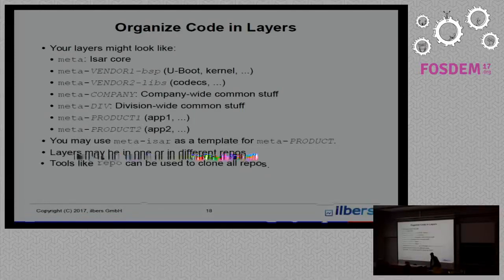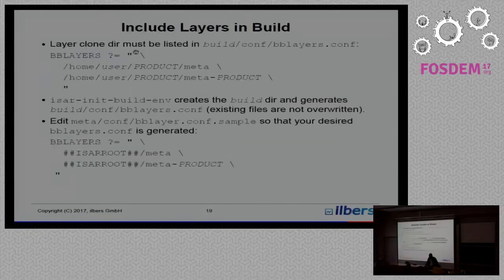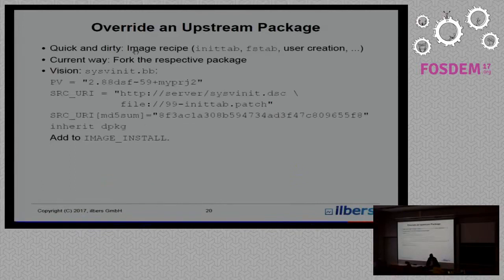Layers may be basically in one central repository or distributed in different Git repositories. It doesn't matter. And you can use tools like repo, for example, to clone all repositories. What is important is that these layers have only to be listed in the bblayers.conf file, and that's it. So after you create these layers, you list them in this file, and they are then included in the build.